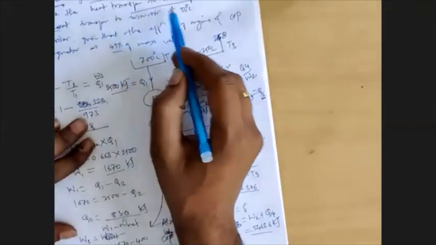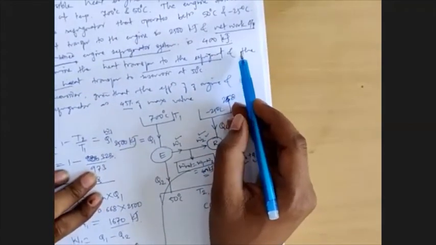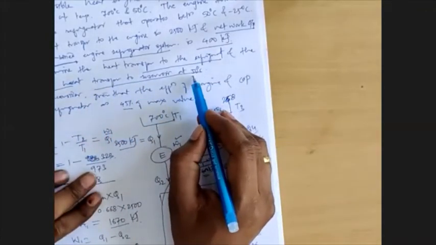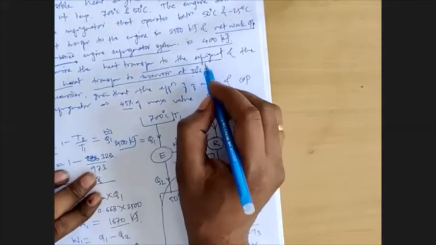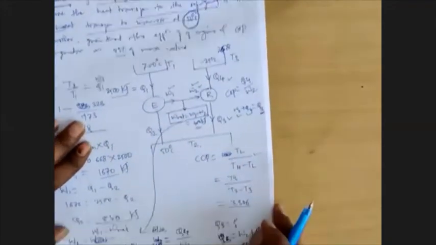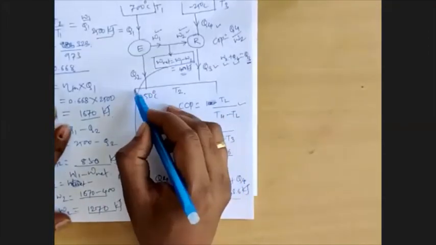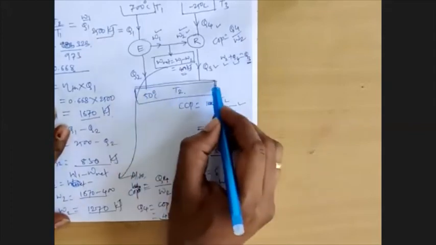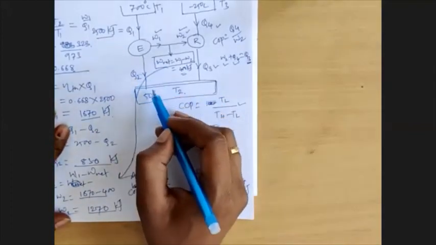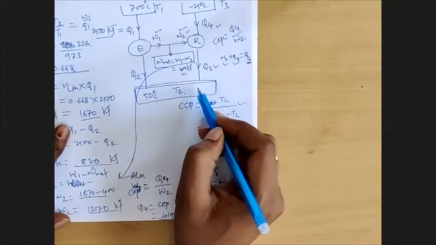So now just one thing to be calculated. Determine the heat transfer to the refrigerant that we have calculated and the net heat transfer to the reservoir at 50 degrees Celsius. So we need to find the total heat transfer to the 50 degrees Celsius reservoir. So this is the 50 degrees Celsius reservoir and it has got two heat additions, Q2 entering the reservoir, Q3 is also entering the reservoir.